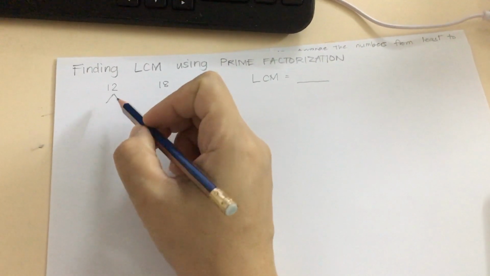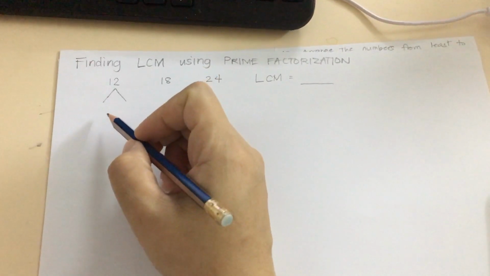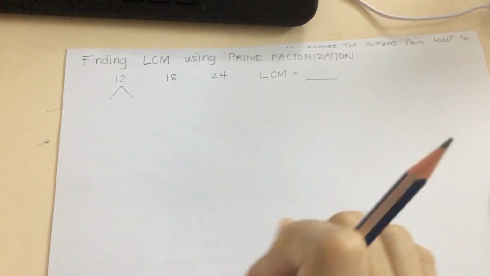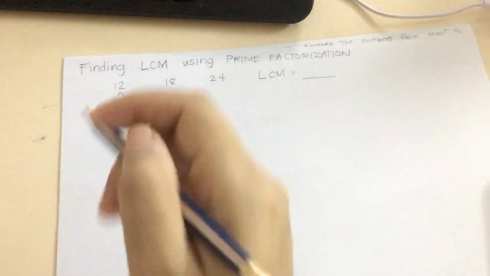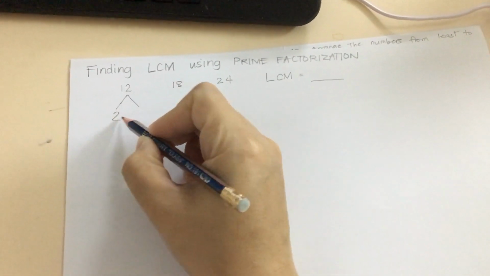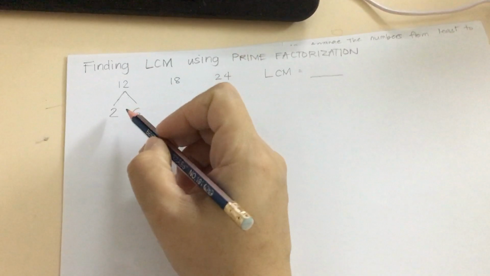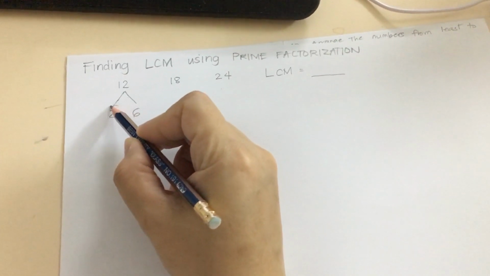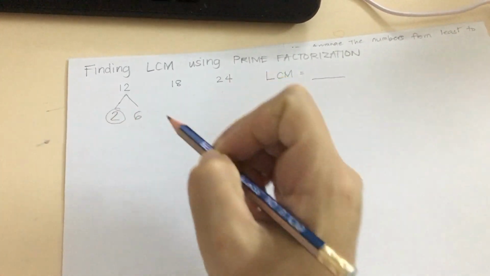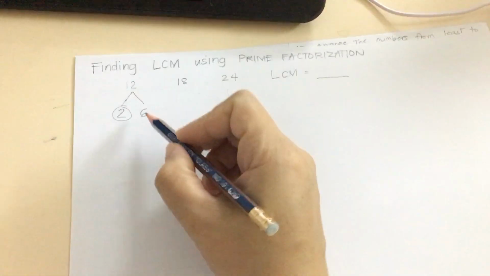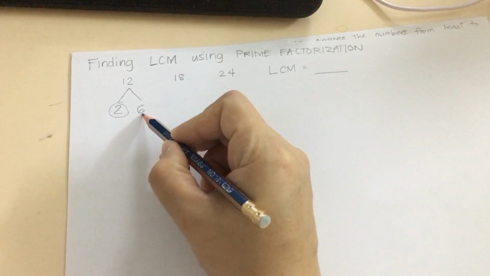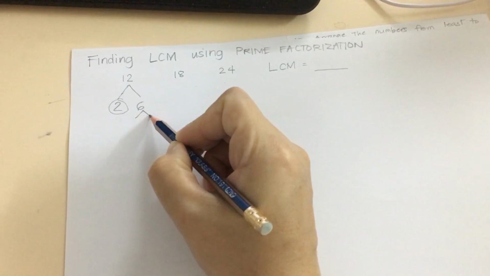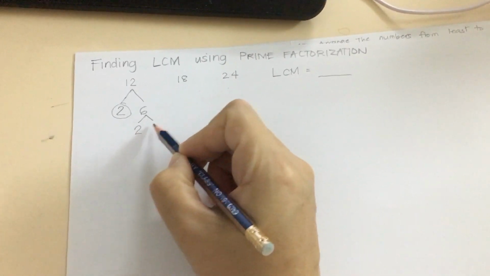Okay? So we are going to do the 12 first. So first we can multiply it by 2 times 6. Since 2 is already a prime number, we are going to circle it. We are not going to separate this anymore. The 6 is a composite number, so we separate the 6. It will be 2 times 3.